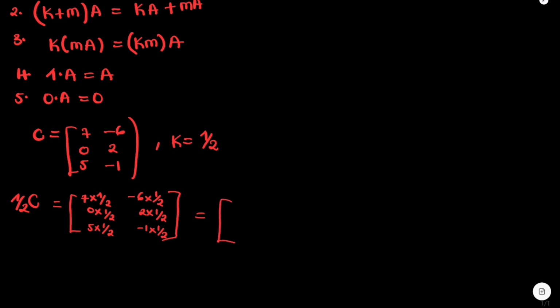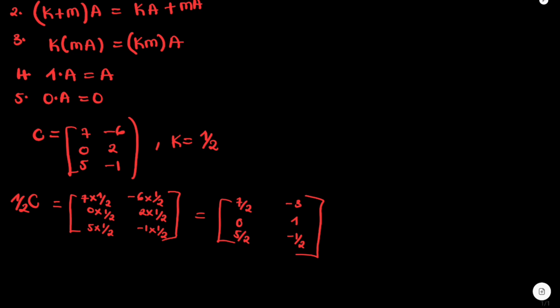And now we just simplify it. So this will be 7 on 2, minus 3, 0, 1, 5 on 2, and minus 1 on 2. So that is it.